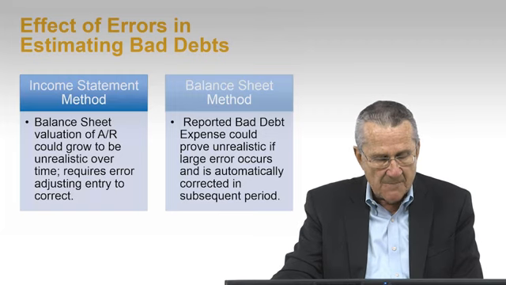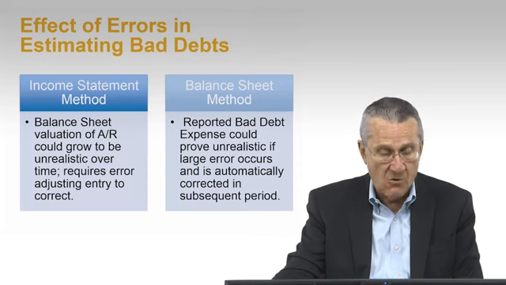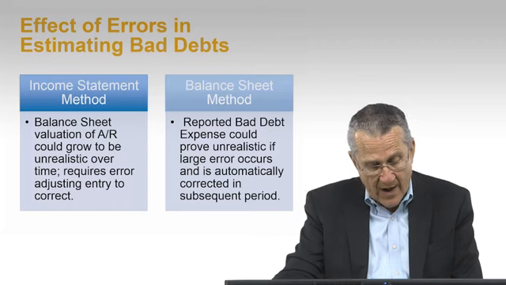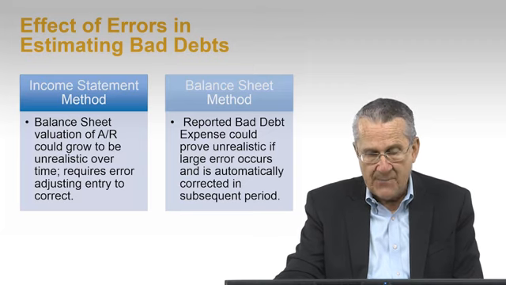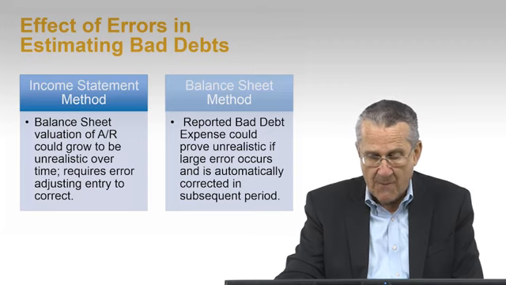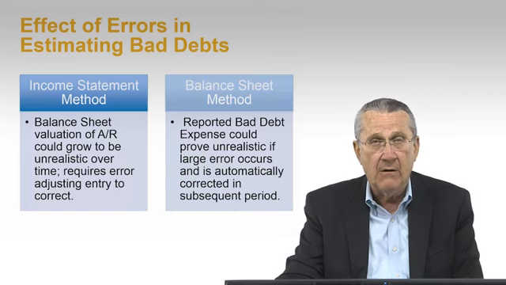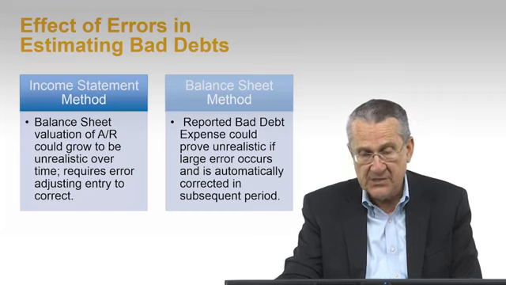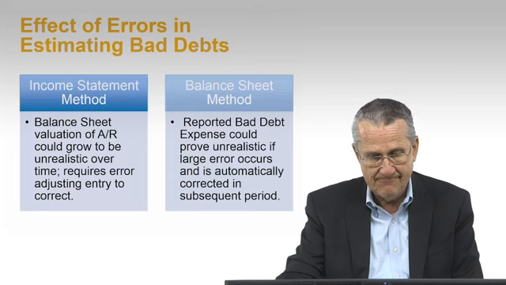Okay, so the income statement method gives us a balance sheet valuation of accounts receivable that could grow unrealistic over time and would require an error adjusting entry at some point. Whereas the balance sheet method is going to report our bad debt expense that could prove to be fairly unrealistic if we have a large error and we automatically correct for it in a subsequent period, which of course is what the balance sheet method does.